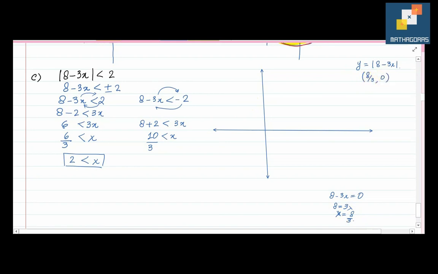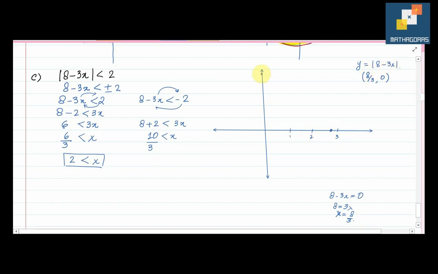That is the most important point. Now 8 upon 3 is approximately 3, because 9 upon 3 is 3. So if I place 1, 2, 3, then 8 upon 3, which is 2.8 or 2.9, lies just here. That is my vertex point. Now to find the intercept, if I place x as 0, then 8 minus 0 will be 8.